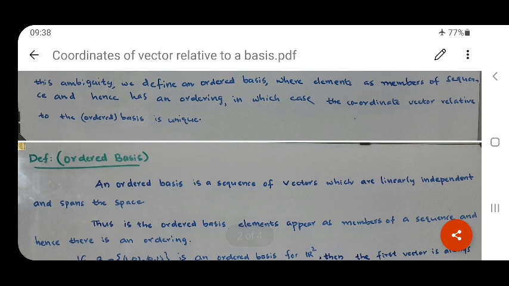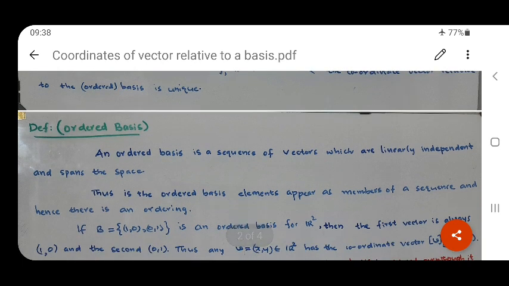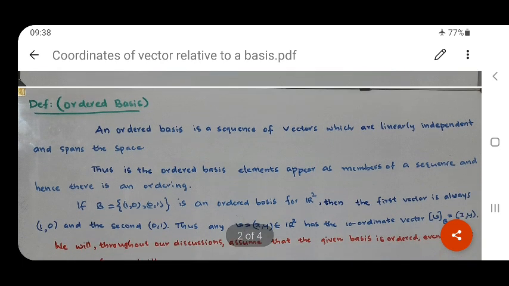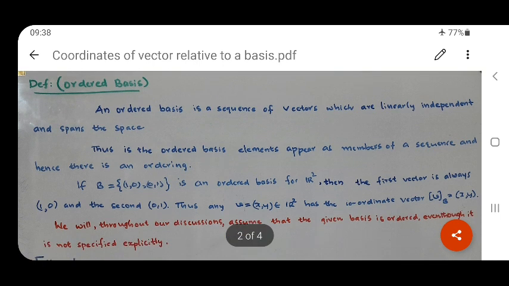An ordered basis is a sequence of vectors which is linearly independent and spans the space. So the ordering is very important here. The first element of that ordered basis is always the first element, so that given any vector, the coordinate corresponding to the first vector will never change. So the coordinate vector will be unique.